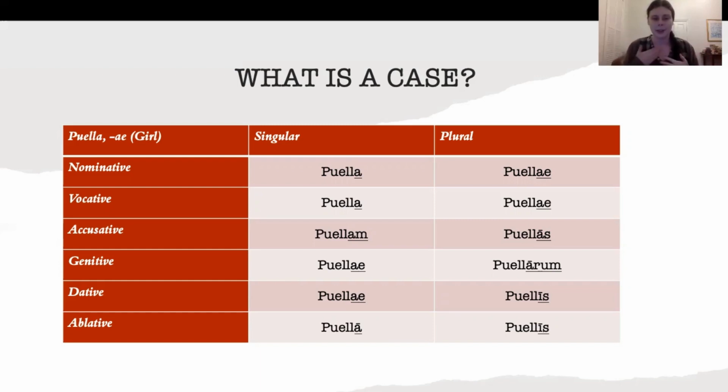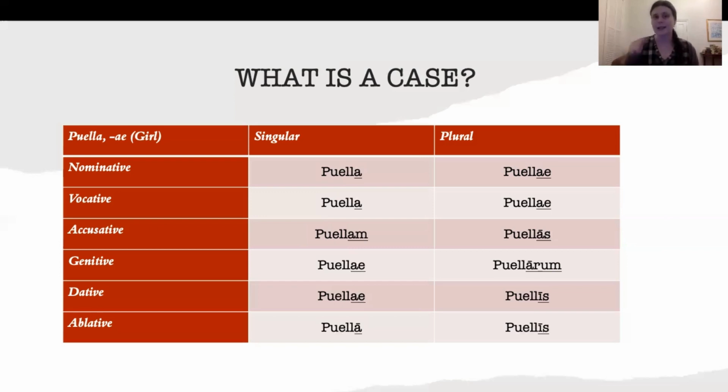But just have a look and observe for now that this noun has a root. It has the puel, which never changes, and then it's got the endings. So the cases are on the left-hand side, and then we've got the singular and plural. So the ending of a noun is going to change based on what case it is and whether it's singular or plural.